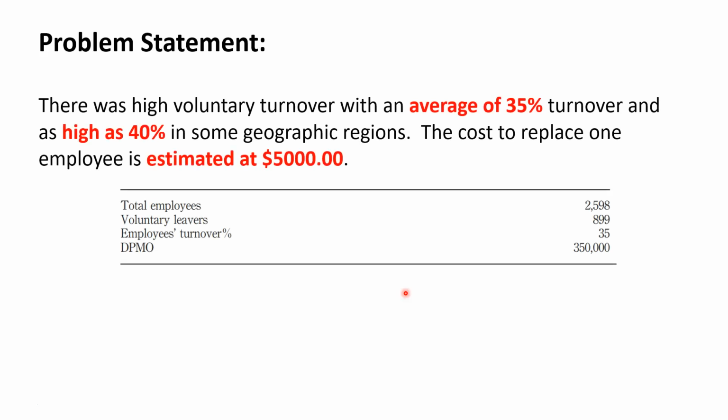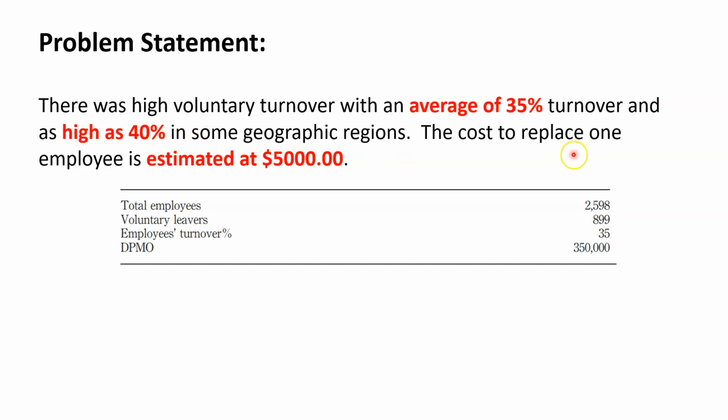So the first thing they did was establish a problem statement, and the statement basically was, to paraphrase, that the voluntary turnover rate was higher than they wanted it to be. It was an average of 35%. This is worldwide, and in some companies, certain regions, certain divisions of the company, it was as high as 40%.